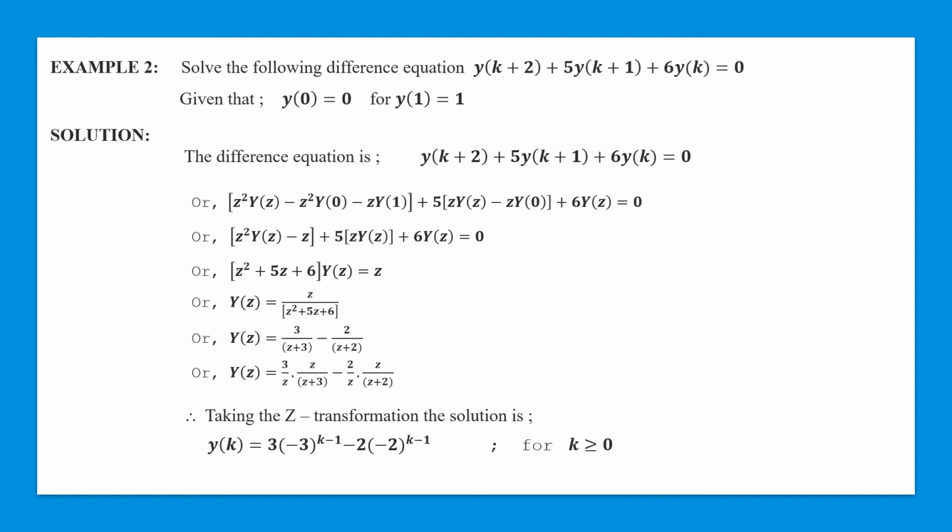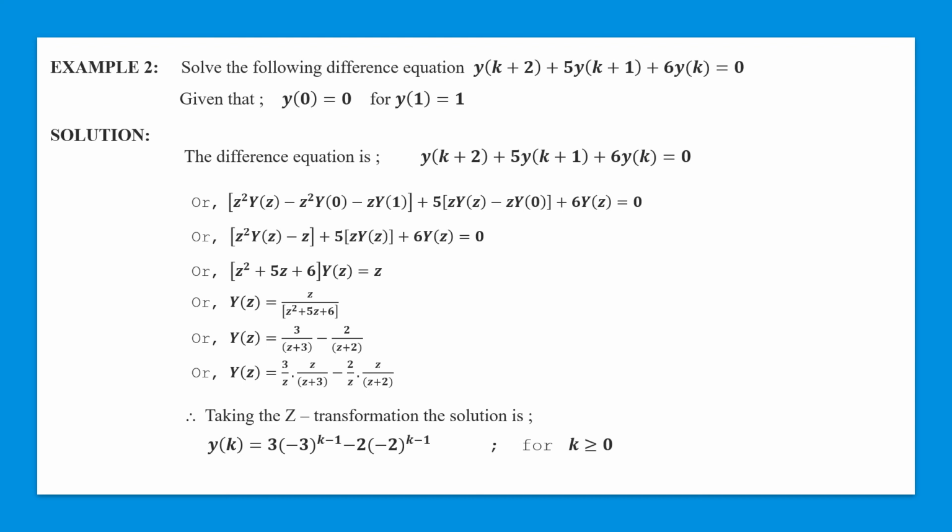Moving to the solution, if we take the z transform of this equation using the time shift property, then we get z² Y(z) - z² y0 - z y1 + 5 (z Y(z) - z y0) + 6 Y(z) = 0. Now if we substitute the initial conditions, then we will get z² Y(z) - z + 5 z Y(z) + 6 Y(z) = 0.